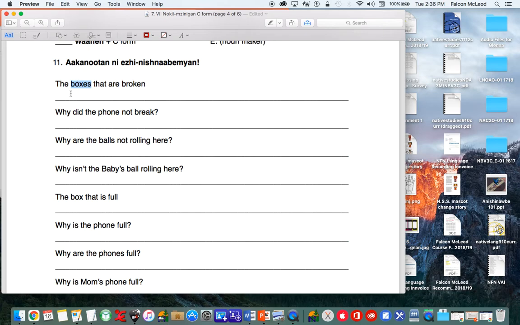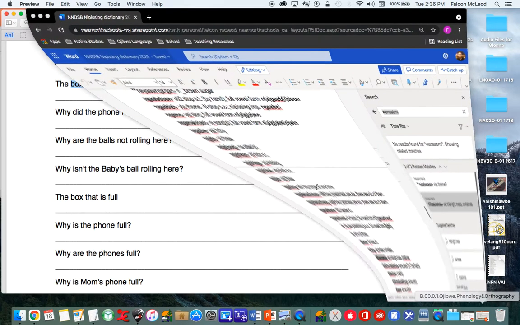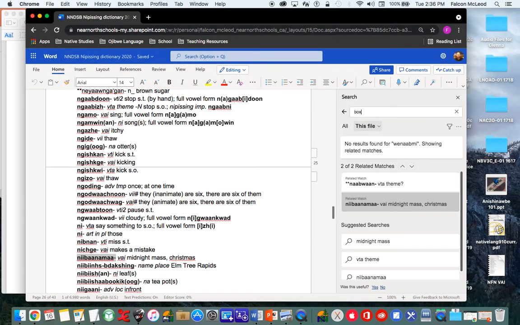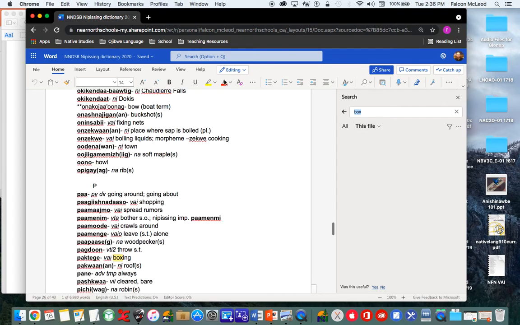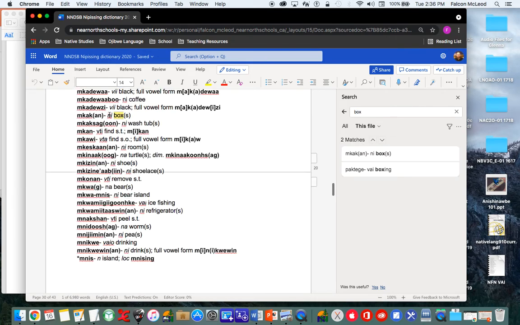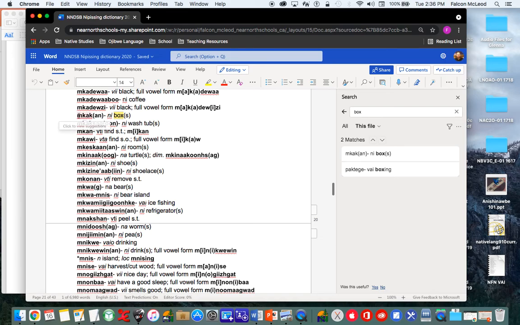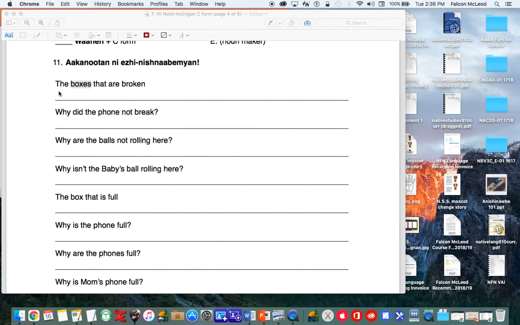So we need the word for boxes. You should know the word for boxes. If not, we can always look it up in the dictionary. Remember, use the singular version first. So not this one because it says VAI next to it. We want the NI version, noun, inanimate. So mkuk, and then the suffix is an. So mkukan.